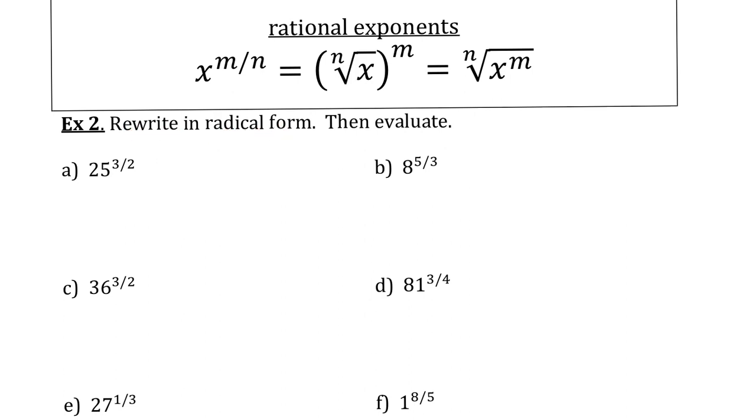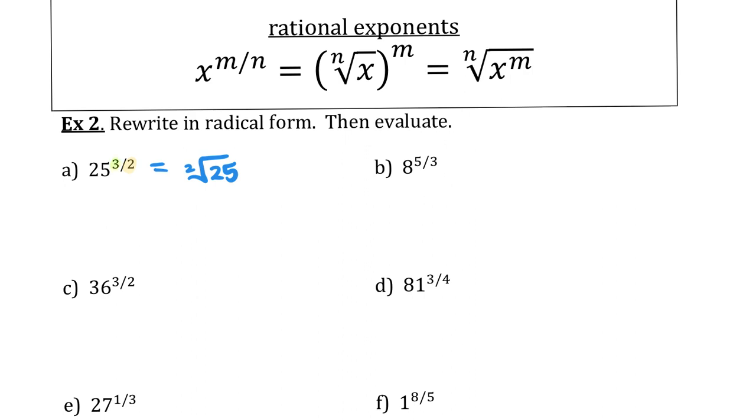So let's try this first. We're going to rewrite it in radical form and then evaluate. Okay, 25 to the 3/2. It's a fraction. The number at the bottom is going to tell me the root. So I'm going to do the root first. So this is saying the square root of 25. And I don't need to put the 2 if it's a square root. Now what's left over? I still have that little 3 there.